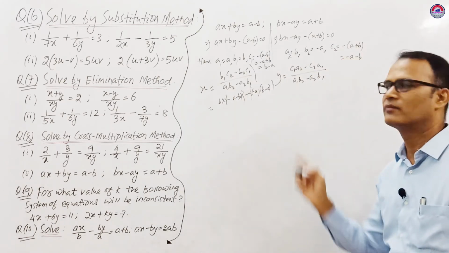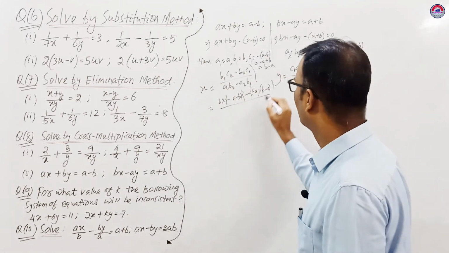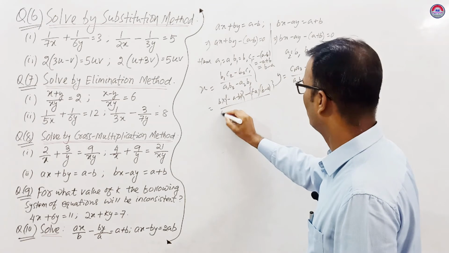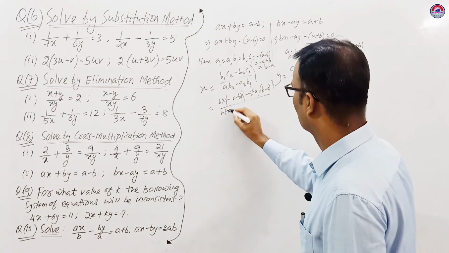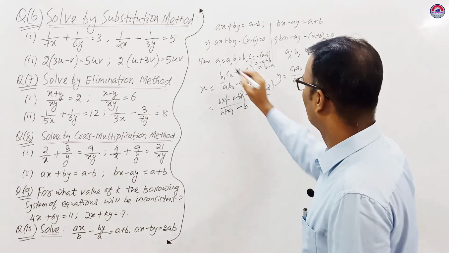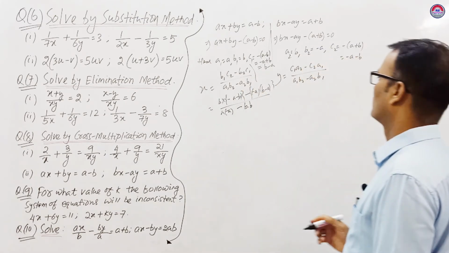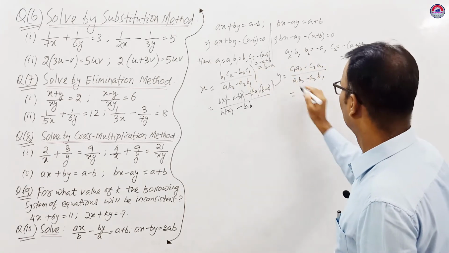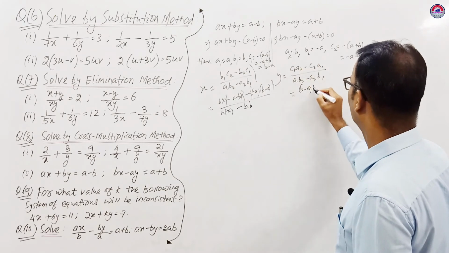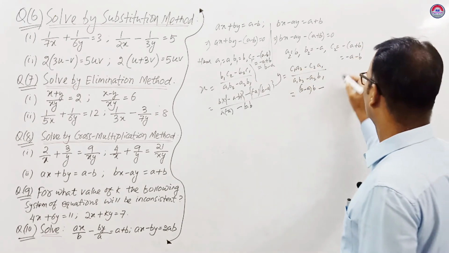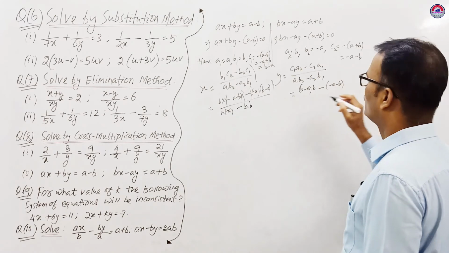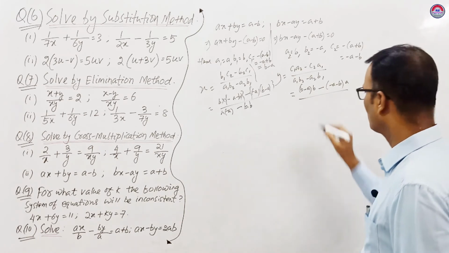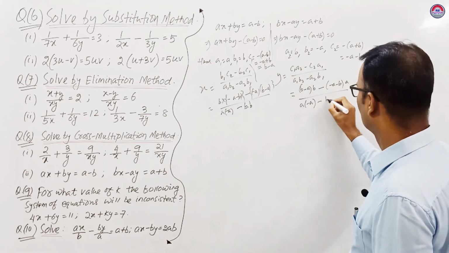It will be easy for you if you open the bracket. Then divided by a1 b2: a1 is a, b2 is minus a, minus a2 b1, b1 is b into b. Similarly, here you see c1 a2, c1 is b minus a, a2 is b, minus c2, c2 is minus a minus b into a1, a1 is a, divided by a1 b2 minus a2 b1.